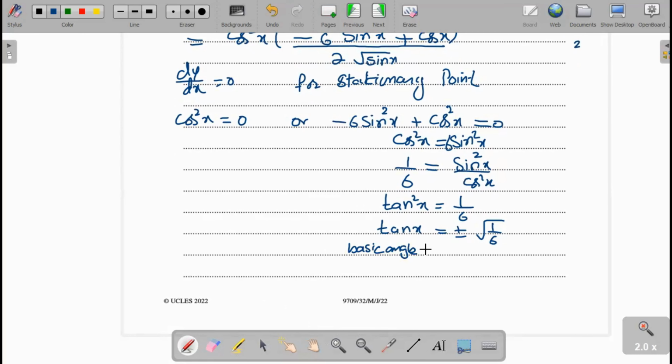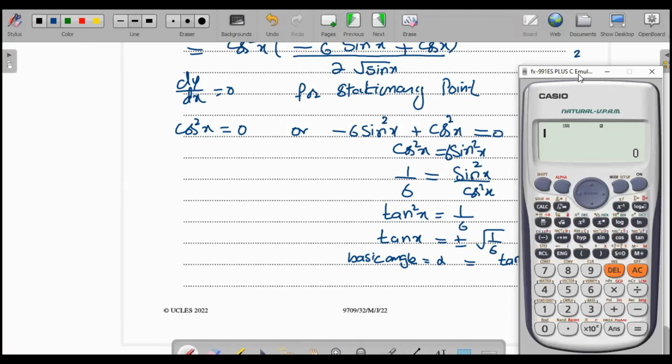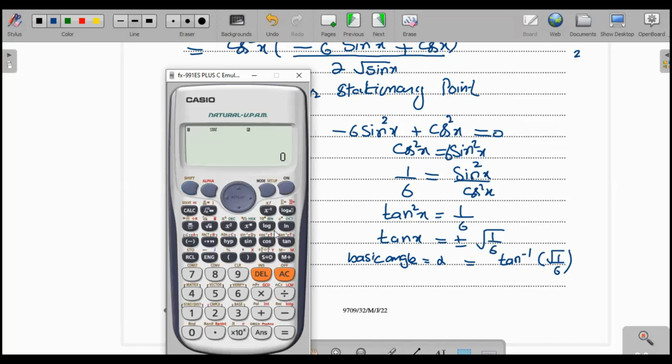That angle will be equal to alpha, and that will be equal to tan inverse of the square root of 1 over 6. We can calculate the value. So we put the value: you can see there is the shift, and that is tan inverse, and that is square root of 1 divided by 6, that is equal to 0.3875.